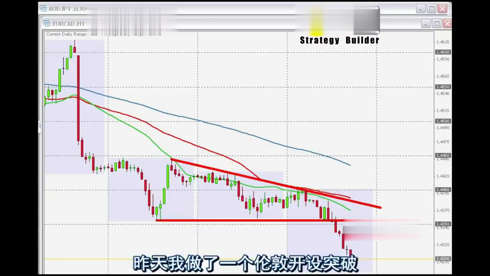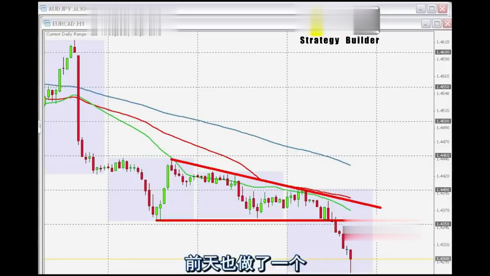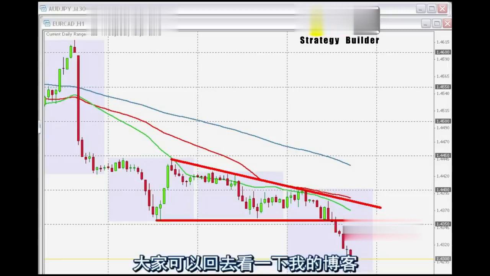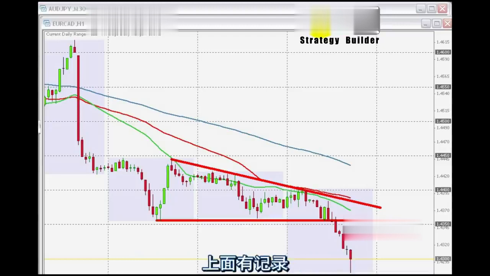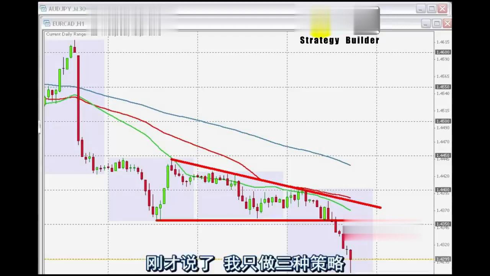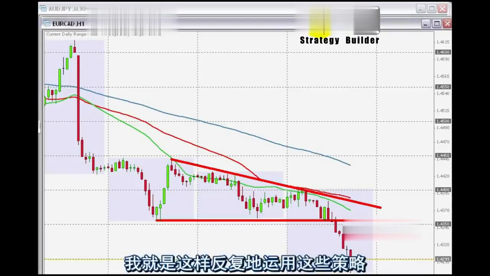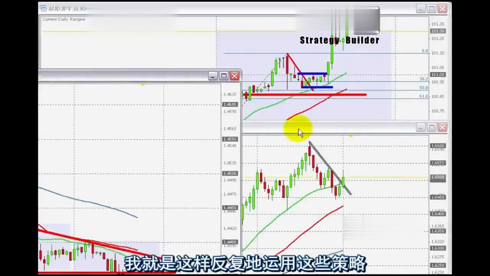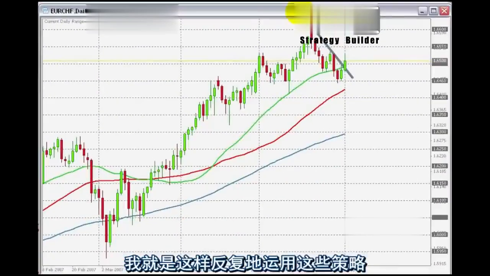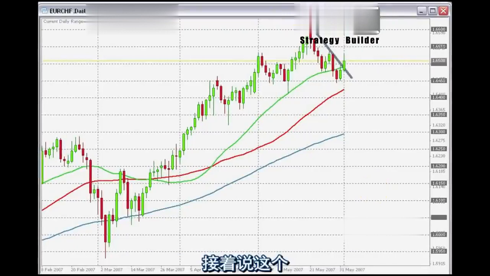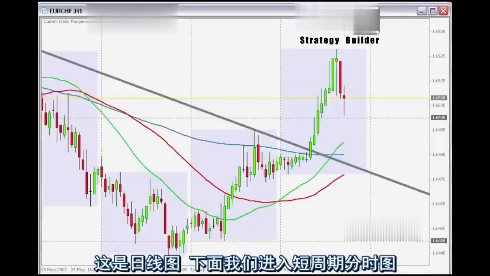Yesterday I took a London Open breakout, and the day before one too. If you want to review my blog, you will see a few examples. Like I said, I only trade 3 types of strategies, and that's basically what I do over and over. Anyway, this is the daily chart, zooming into shorter time frames.